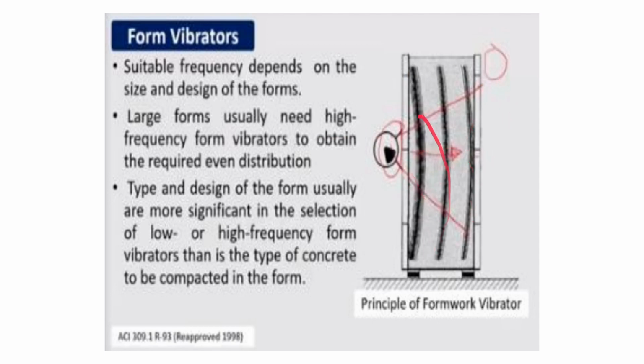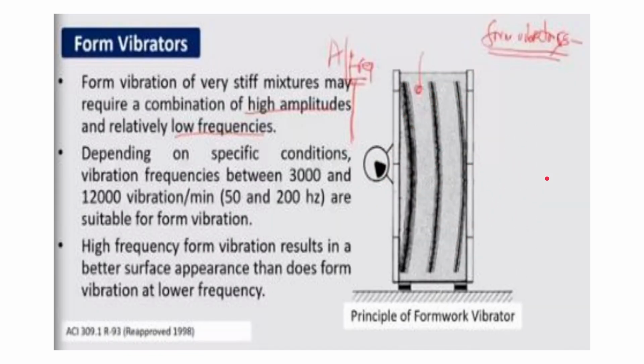Okay, so this is the principle of form vibrator. The vibration gets propagated through the concrete medium. So, the form vibration of very stiff mixes may require a combination of high amplitudes and relatively low frequencies. Depending on specific conditions, vibration frequencies between 3000 and 12,000 vibrations per minute, 50 and 200 Hz, are suitable for form vibration.